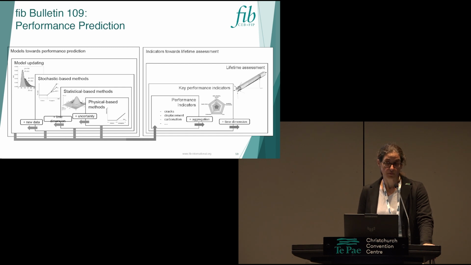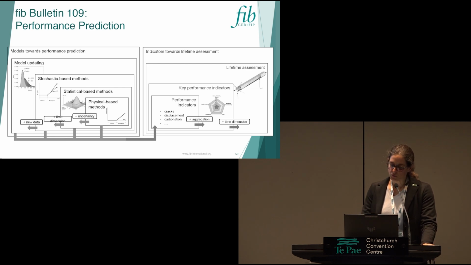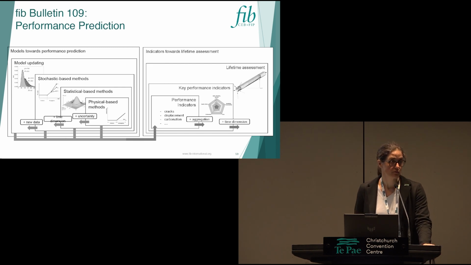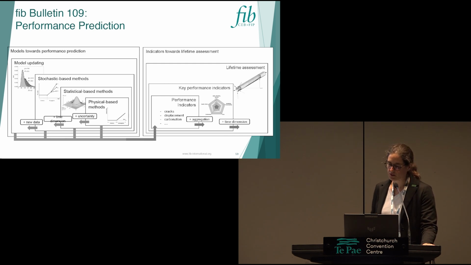So once again, we have a lot of different methodologies available, and we do know that unfortunately we do not have physics-based models for every kind of deterioration process, and then we have to check which model is the most suitable for our case. And here, once again, you see the transformation into the performance indicators and key performance indicators. There is still a lot of research being done, probably also here in Australia and New Zealand. And in Europe, we are trying to find a common agreement on our key performance indicators.